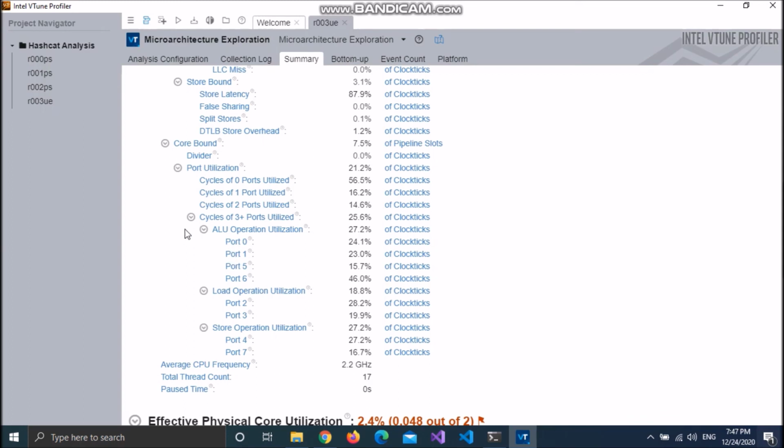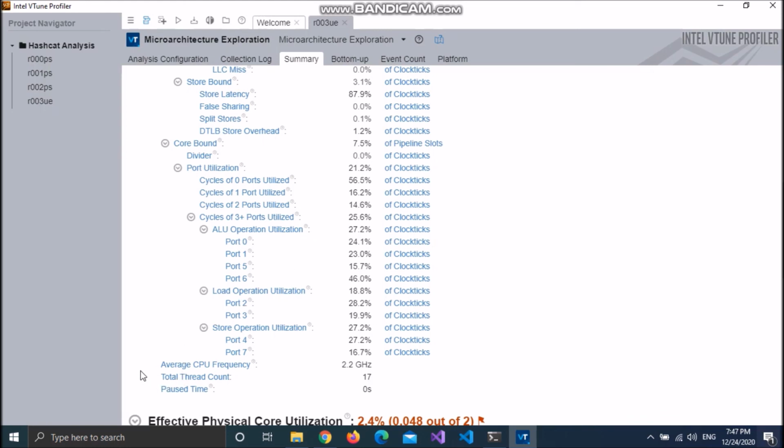But for the execution of this program, 4 functional units were used, and the ALU operations were distributed among these 4 functional units.